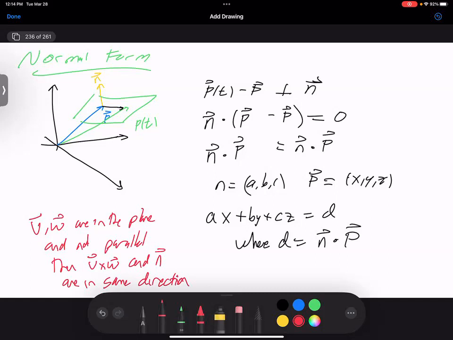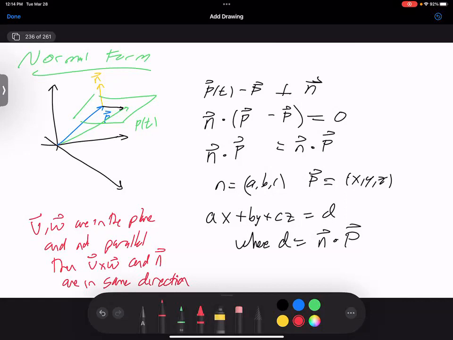So this is another way, depending on what I give you. If you like writing things using a normal, well, if I give you two vectors V and W, you can calculate the normal and then you can just do the dot product. And now I've got things in terms of X, Y, and Z.